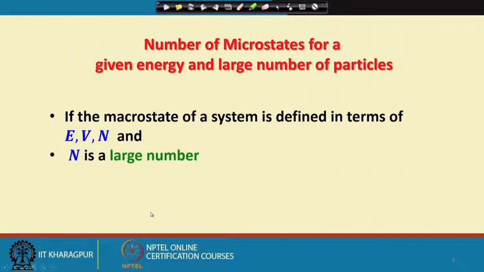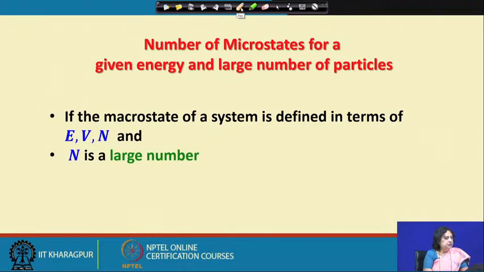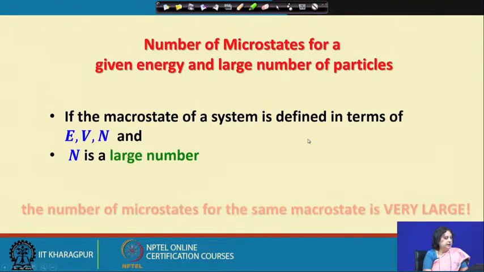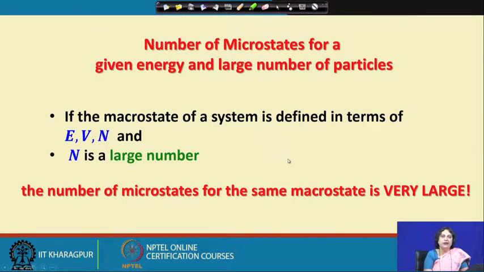But what we have done so far is, we have said that if the thermodynamic equilibrium of a system is defined in terms of the total energy E, the total volume V, and the total number of particles n, and if n is a very large number, because the values of n that we are interested in are typically of the order of 10 to the power of 23, then we have seen that the number of microstates for the same macrostate is a very, very large number. This we have already seen.